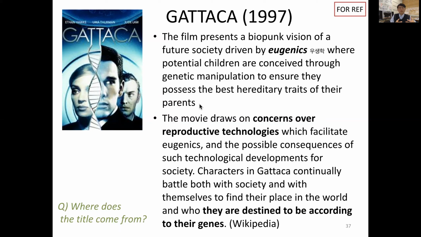Maybe very rich people could create clone humans, so when they have problems with their liver or heart, they may want to replace them from these clones. This raises concerns over reproductive technology. Of course, we don't know whether this will happen in the future, but it gives us a good idea how genetic engineering can influence the human race. And you can see the title, GATTACA, you now recognize, is composed of A, T, G and C, the nucleotides.